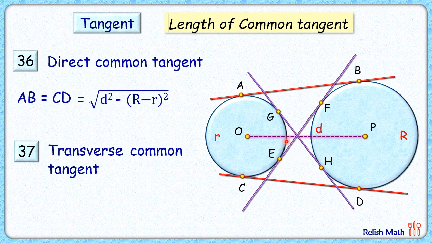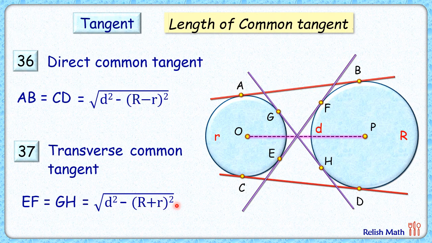That is, this length EF will be equal to GH, and their length will be given by a similar formula, not the same but similar: the square root of d squared minus, instead of the difference, now you have to take the sum of the radii, whole squared. Let's check the next formula.